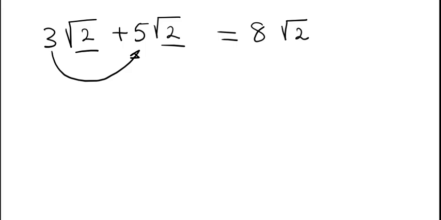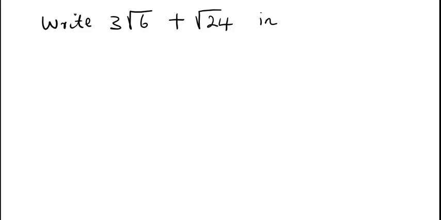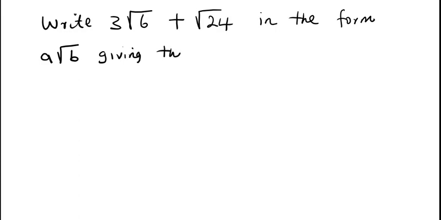Write 3 root 6 plus root 24 in the form A root B, given the values of A and B. How do we go about this?